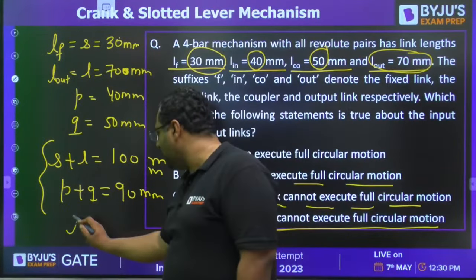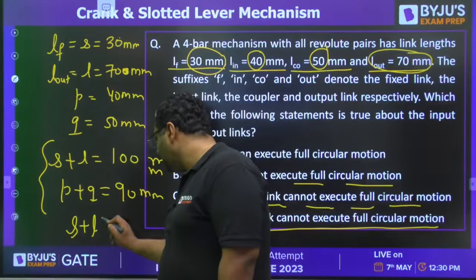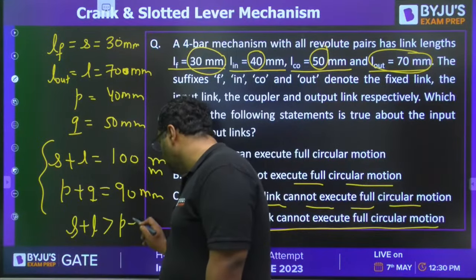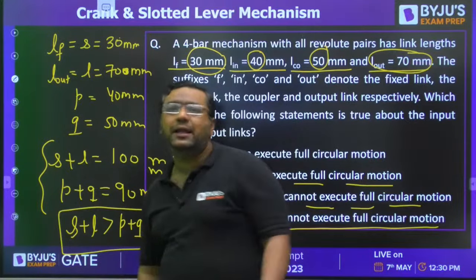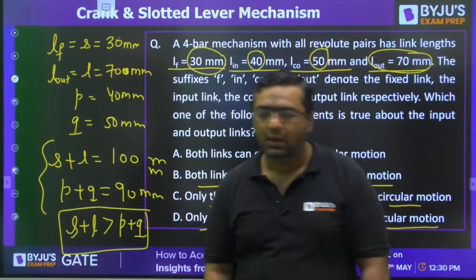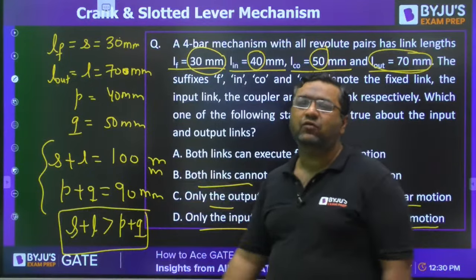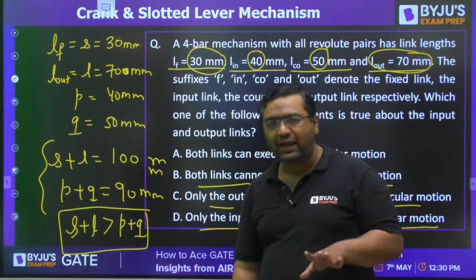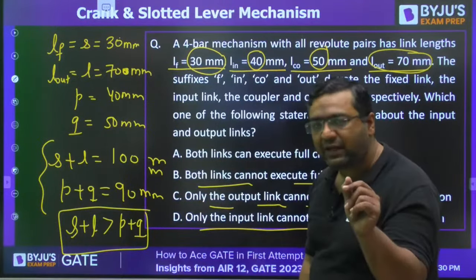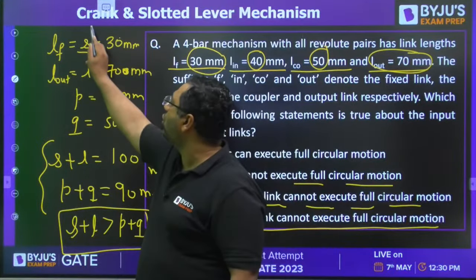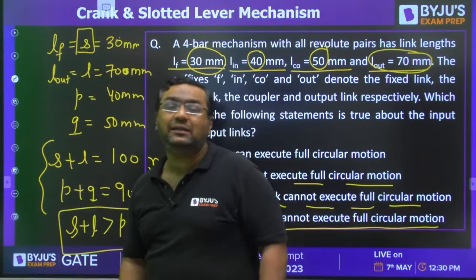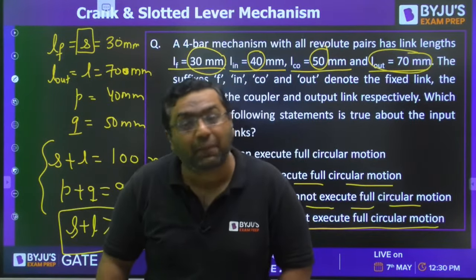Here S plus L is more than P plus Q. If the law would be satisfied, then it would be a double crank mechanism. But if the law is not satisfied, it would be a double rocker mechanism. Why? Because if the law is satisfied, then we check the fixed link, and the fixed link here is the shortest link. So based on that, the answer would be the double crank mechanism.